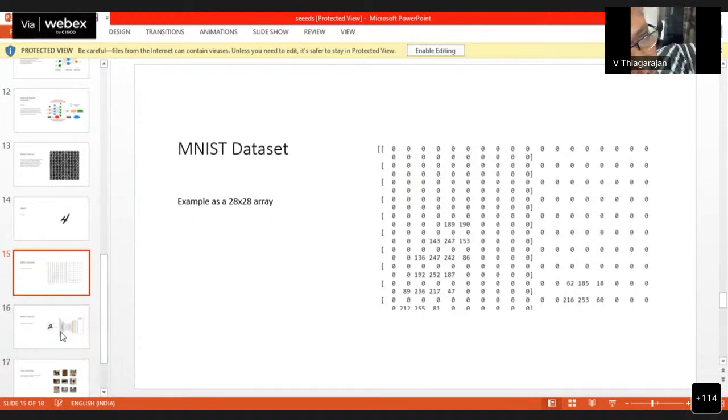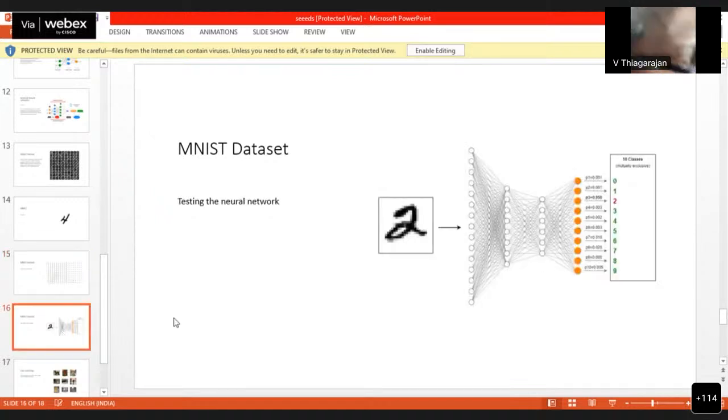Now, something handwritten has been converted into numbers. Now, you recollect our artificial neural network. Here I have taken another number, 2. This 2, in terms of numbers, is going to be represented as I told you, 0 to 255.